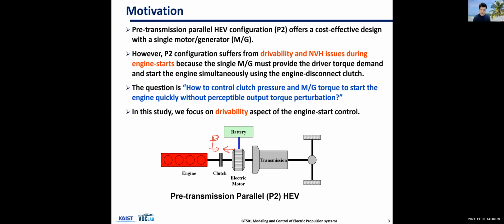But if you do so, you are taking a lot of power and energy from the motor and battery to start the engine. And what's going to happen if you do that is that you have this power demand from the driver on the wheel side, right? But if you use all of the motor power for starting the engine, then you don't have enough power to meet the power demand, right? Are you guys following?